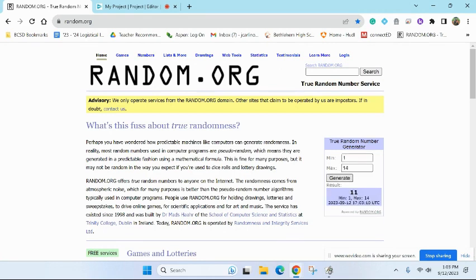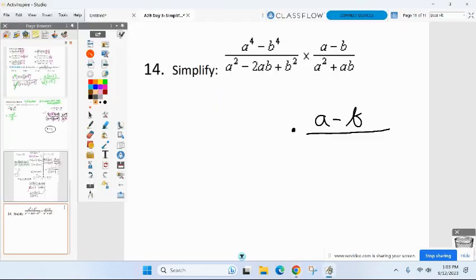Kate, you ready? The bottom. What do you want to do? Take out the... Yeah, good job. And what are you left with? All right, Kate took the easy one. Sorry, everyone. You're going to have to work for the other 2 now.